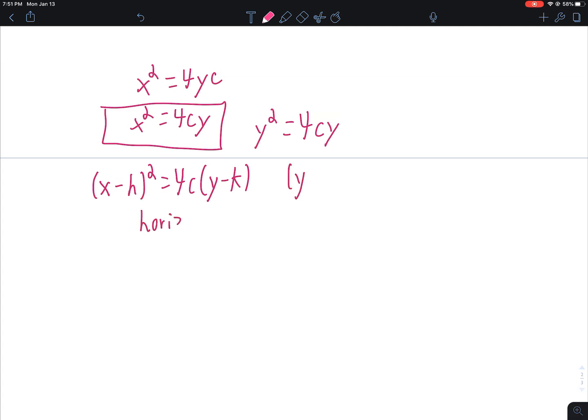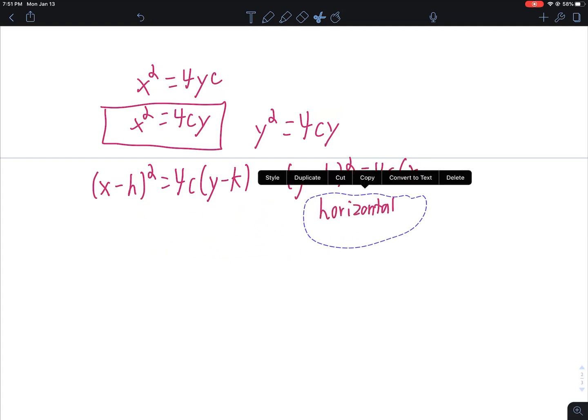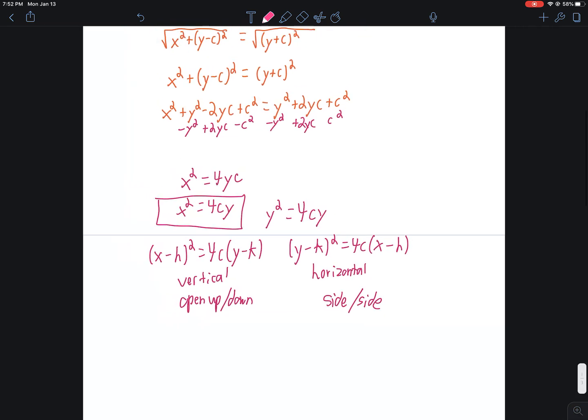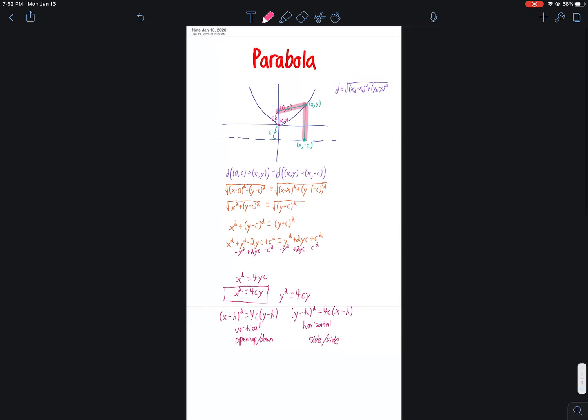And for the horizontal, this is for the horizontal, and this is for the vertical. Opens up, down, side, side. And that is how you derive the formula.